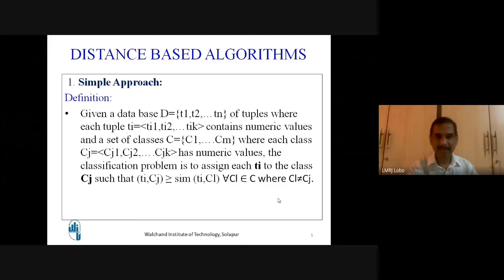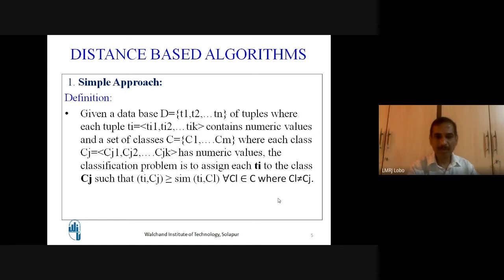So the database is made up of tuples T1 to Tn, where each tuple Ti is a vector Ti1 up to Tik and contains numerical values, and a set of classes C1 to Cm. So there are m classes where each class Cj is also a vector Cj1 up to Cjk with numeric values.